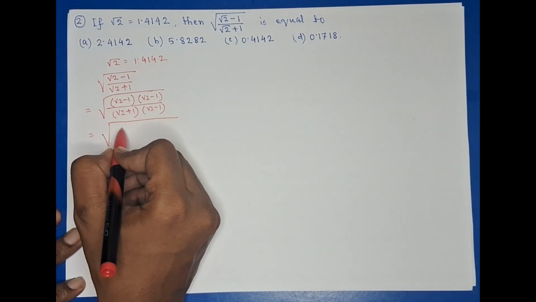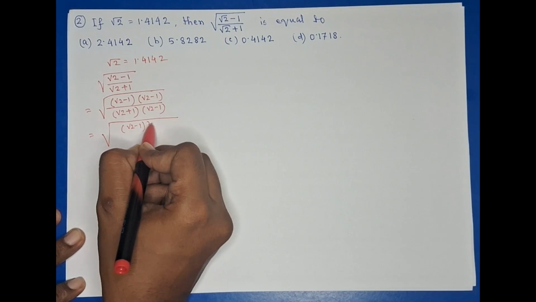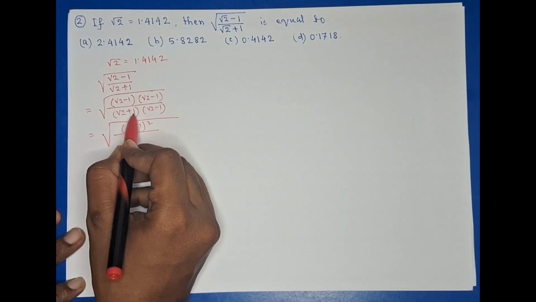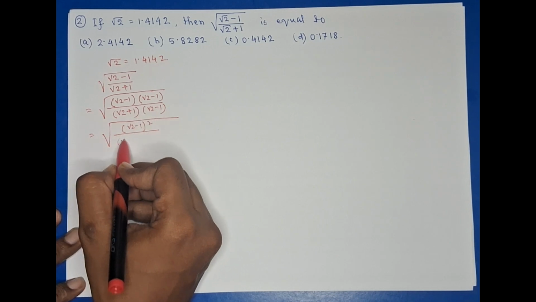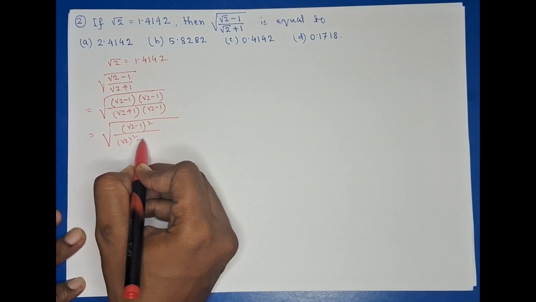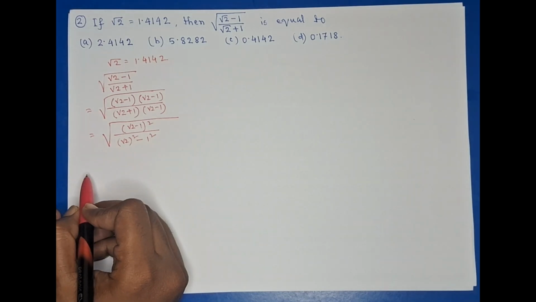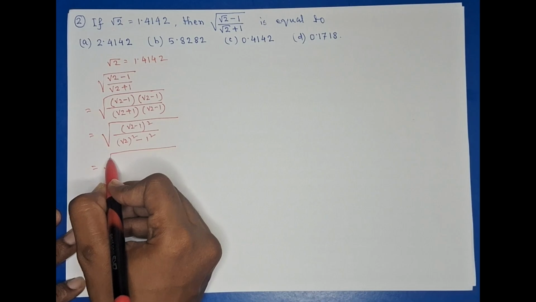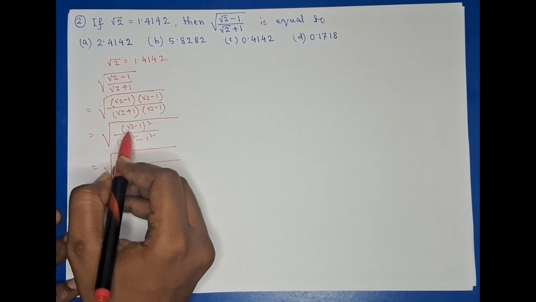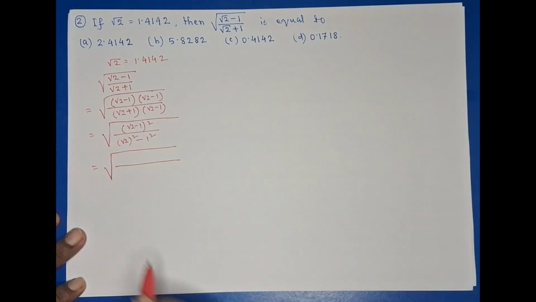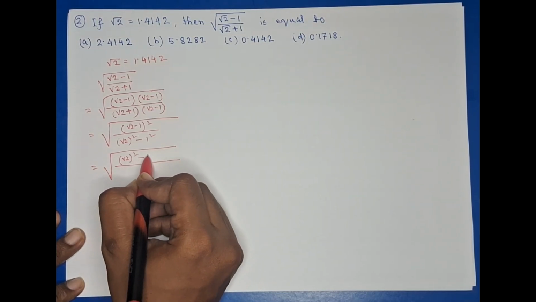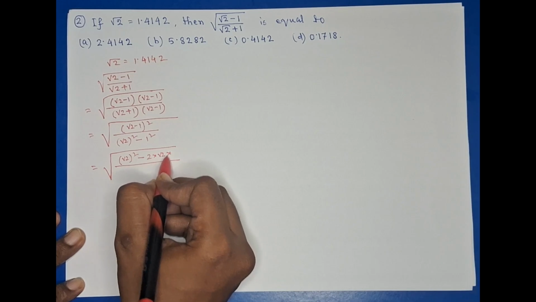Now this is (root 2 minus 1) square, and what is this? This is like (a plus b) into (a minus b). That means root 2 square minus 1 square, right? And what is this? (a minus b) whole square is equal to a square minus 2ab plus b square.